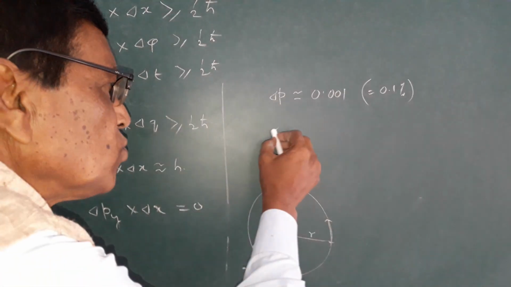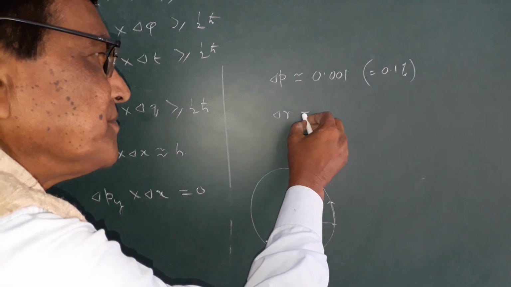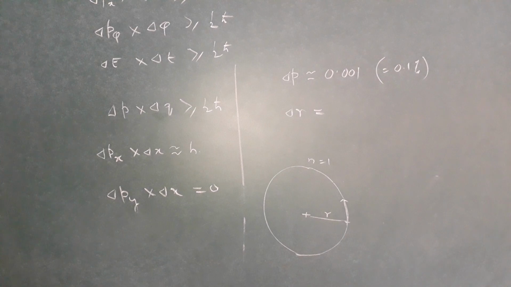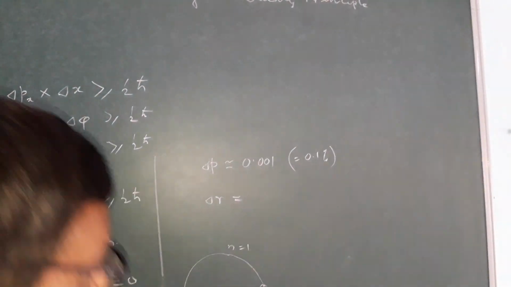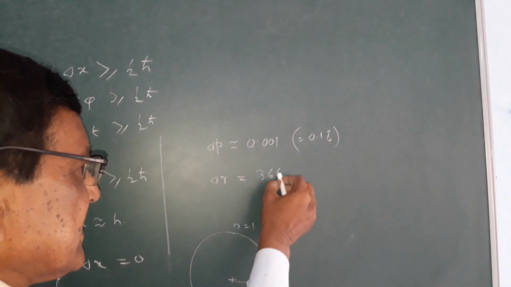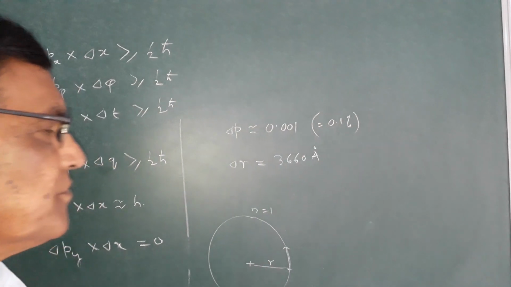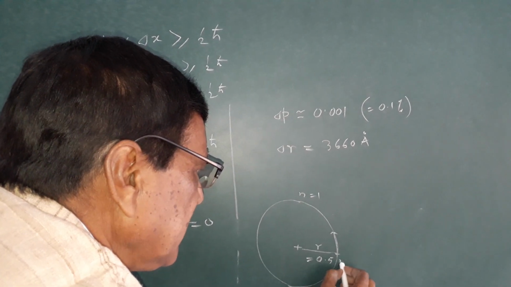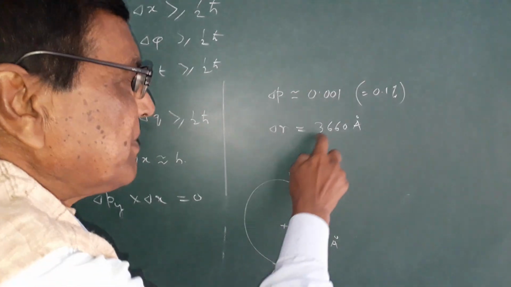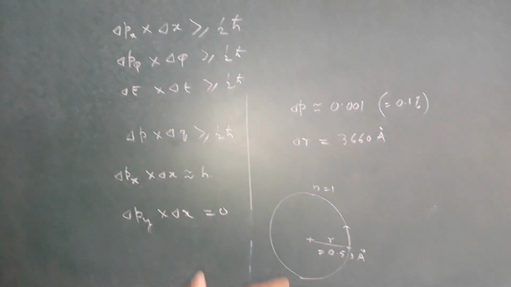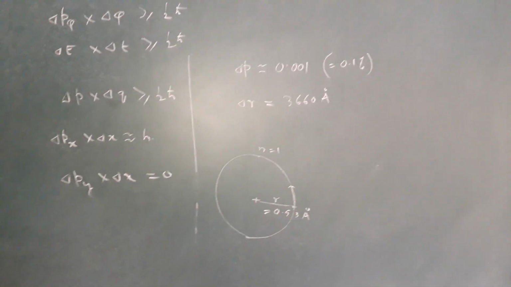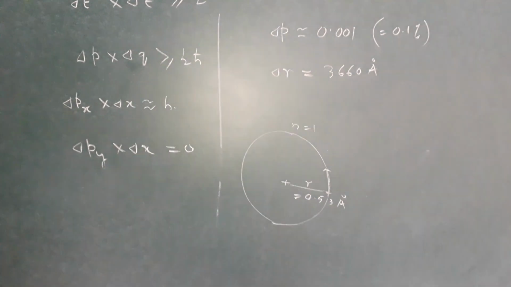Then we can show the delta r, the uncertainty in the radius of this orbit, is equal to 3660 angstrom, whereas this r equals 0.53 angstrom, and the uncertainty is found to be so high, then we have much doubt whether this electron is at all remaining in this hydrogen atom or not.